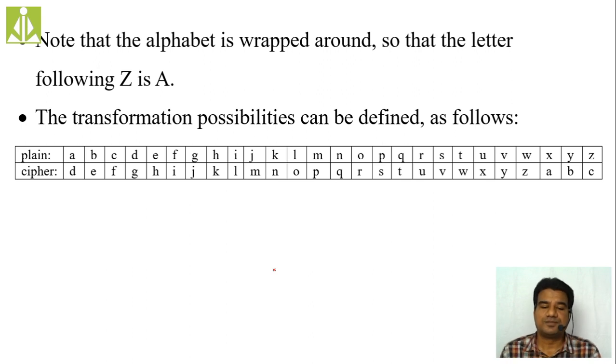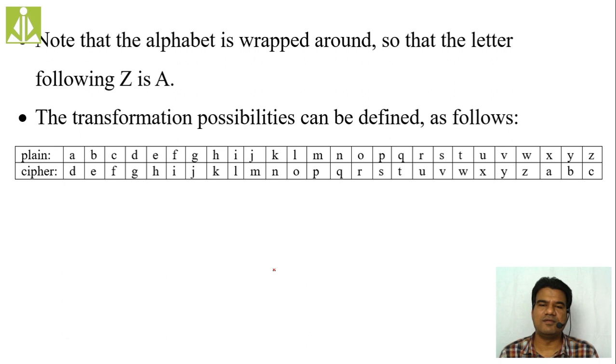Here, not only do we go three characters down, but also the entire alphabet is wrapped around. Wrapped around means that after the last character Z, we get back to the first character, that is A. After Z, we will have A. That is why we say the entire alphabet is wrapped around, so that the last letter Z is followed by the letter A. So the transformation possibilities can be defined as follows.